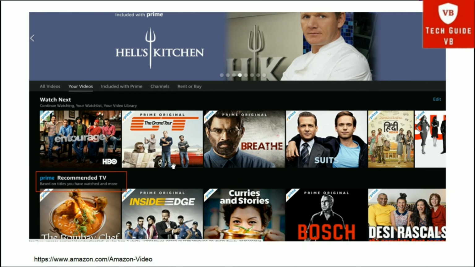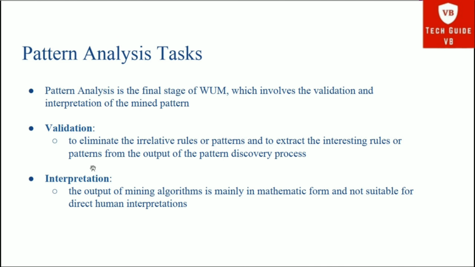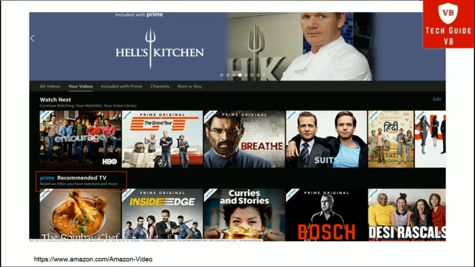Validation and interpretation in pattern analysis are given with this example, where Amazon Prime Video is used, where Prime is recommending titles based on the titles you have watched.